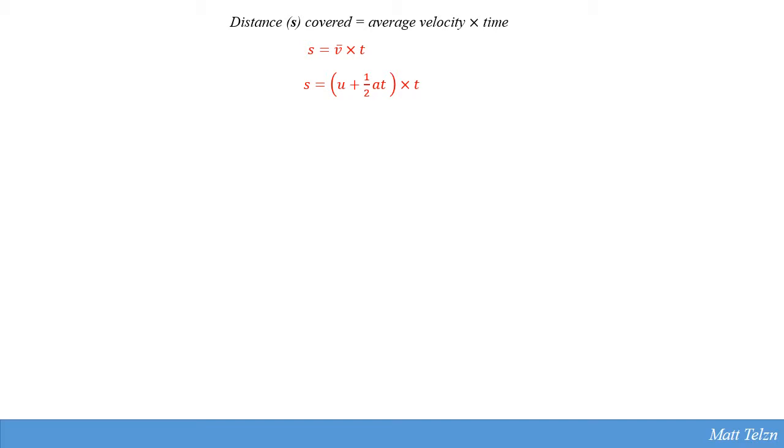If you multiply it with time, what are you going to have as the distance? Multiply through by t: t times u gives ut, plus t times half at gives half at squared. This is our second equation of motion.